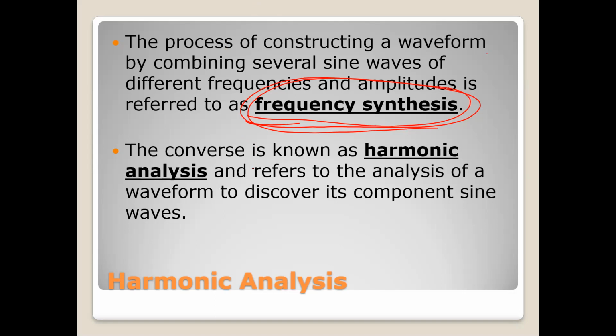So we determine whether we have all the sine waves or only odd numbered sine waves. So that's what the analysis is. And that analysis is done using Fourier series, which is something that some of you may have already done in math, or you'll be doing it very soon. Okay?